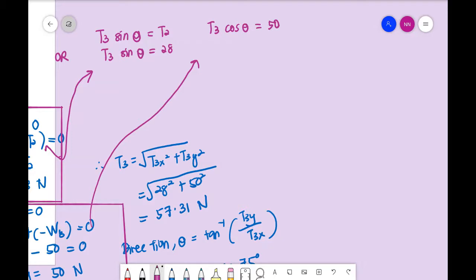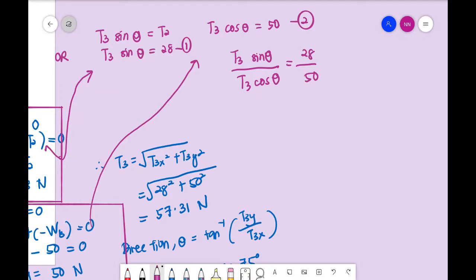What you can do is divide equation 1 with equation 2. Left hand side equation 1, T3 sin theta, divided with left hand side equation 2, T3 cos theta. So right hand side equation 1 divided with right hand side equation 2.